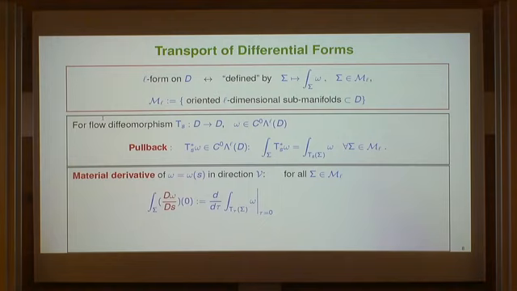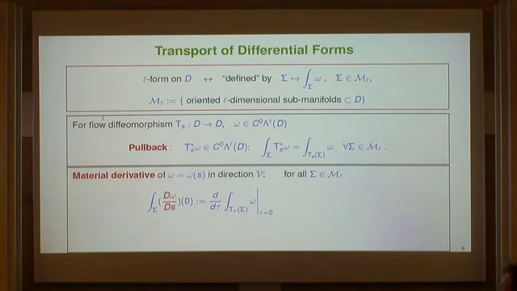So, can you repeat what is the test surface? What do you mean by sigma? This sigma is, say, for a one-form, just a curve. It's where you're applying your omega. Should it be something like the boundary of the domain? It can be any curve, or the domain itself, the whole domain.